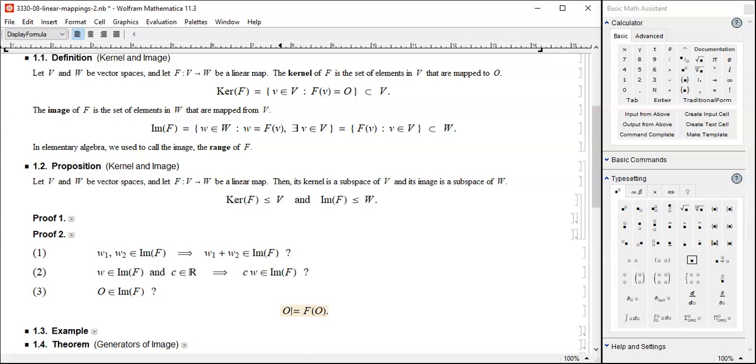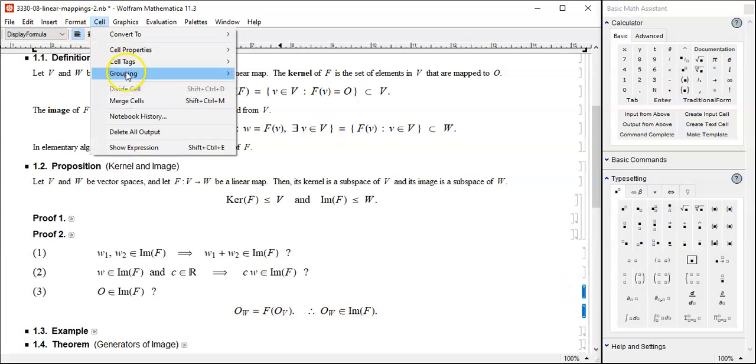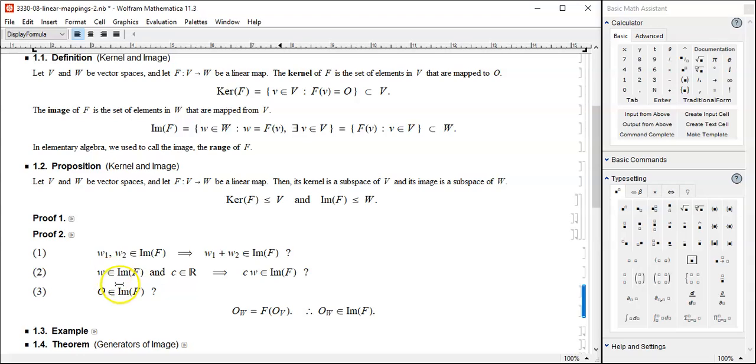To be a little more precise, this belongs to vector space W, and this belongs to vector space V. Therefore, the zero vector belongs to the image. And okay, let's bring back this W here. And if you don't like these subscripts W and V, just remove them all and just use capital O. That'll be fine.